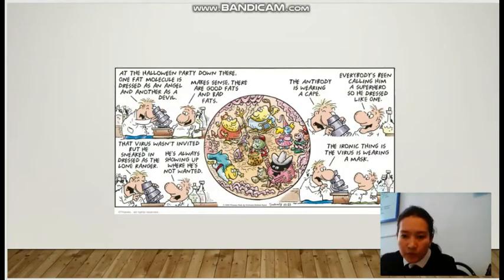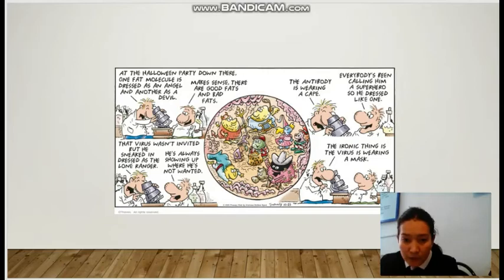The example of the irony. At the Halloween party down there, one fat molecule is dressed as an angel and another as a devil. Makes sense, there are good fats and bad fats.